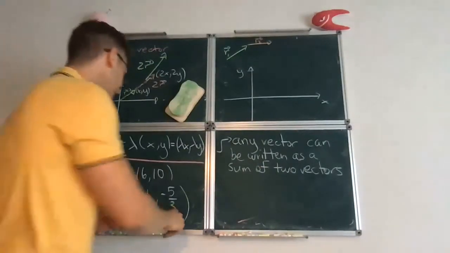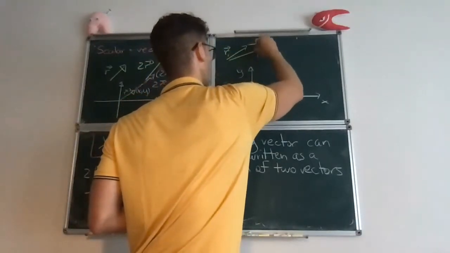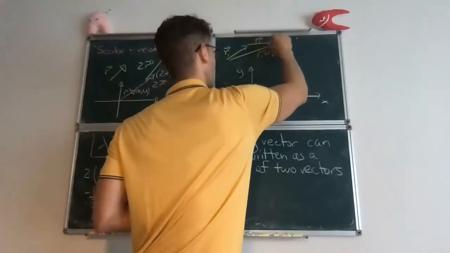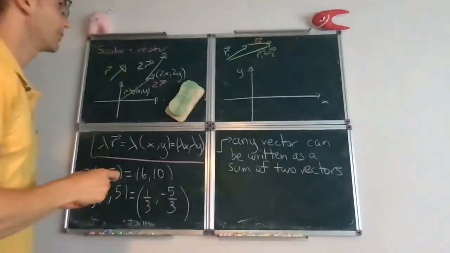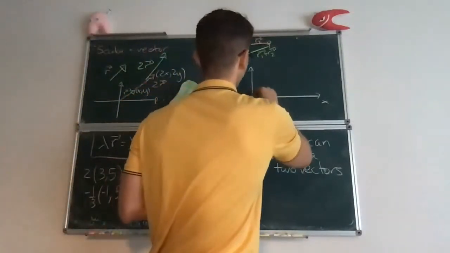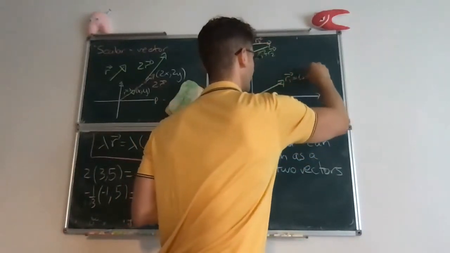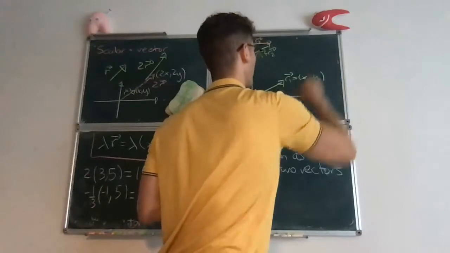Their addition was this new vector. Now what you would do is move everything to the origin. So let's say here you have R1. That's a position vector which represents the point x1, y1.